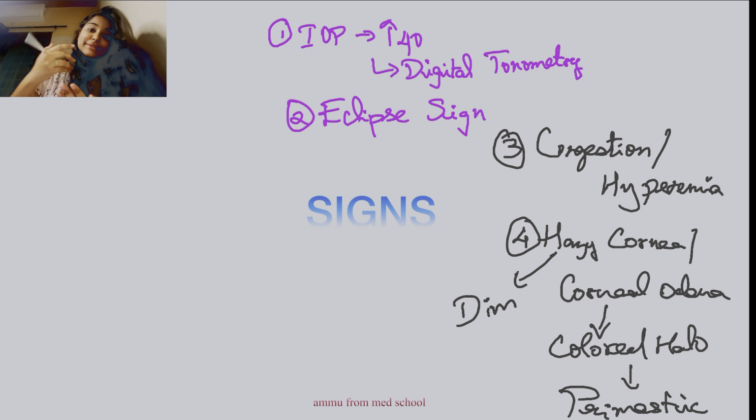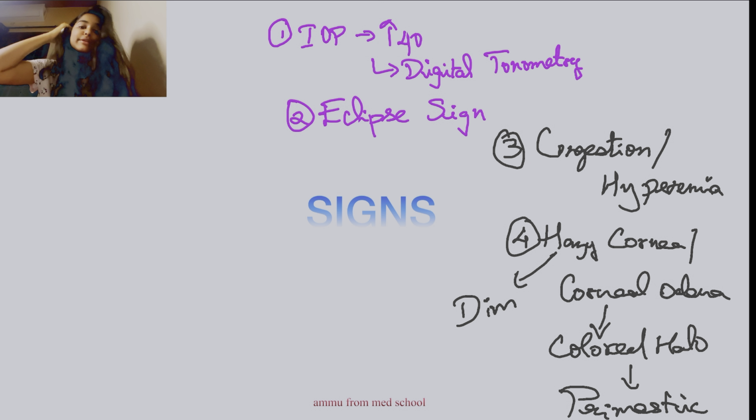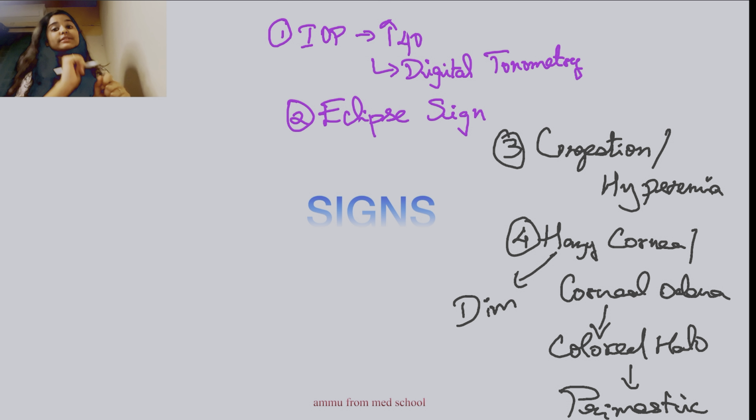Or on a rainy day, when the sunlight falls on the rain droplet, that's when you see a rainbow in the sky. Similarly, your aqueous humor is not draining. There is aqueous humor accumulation. So what happens when you look at a white light? The aqueous humor inside your eyes disperses these light rays, hence forming colored halos.